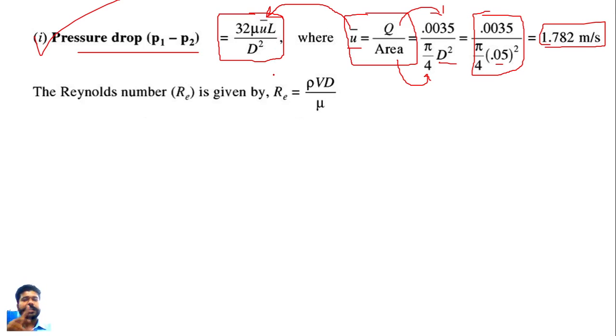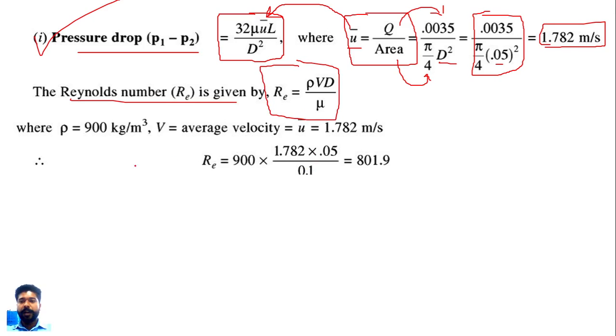But before that, we need to confirm whether this flow is laminar or not, so first of all let's find the Reynolds number, which equals rho V d by mu, where rho is the density in kg per meter cube, V is the average velocity that we have already found, d is the diameter, which is 0.05, divided by mu, that is 0.1, which equals 801.9.